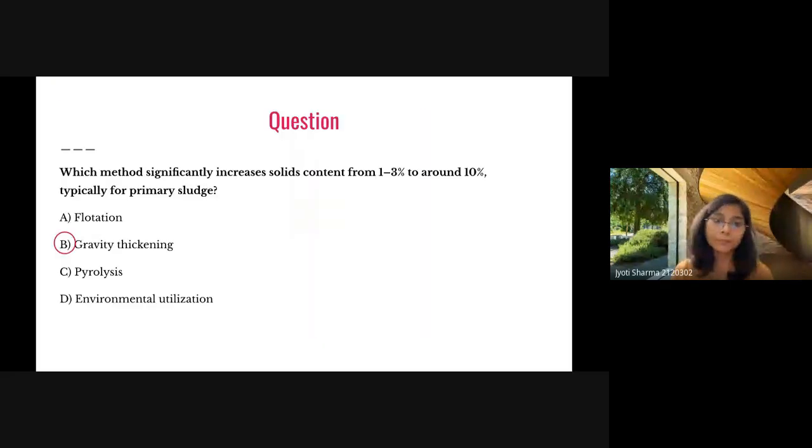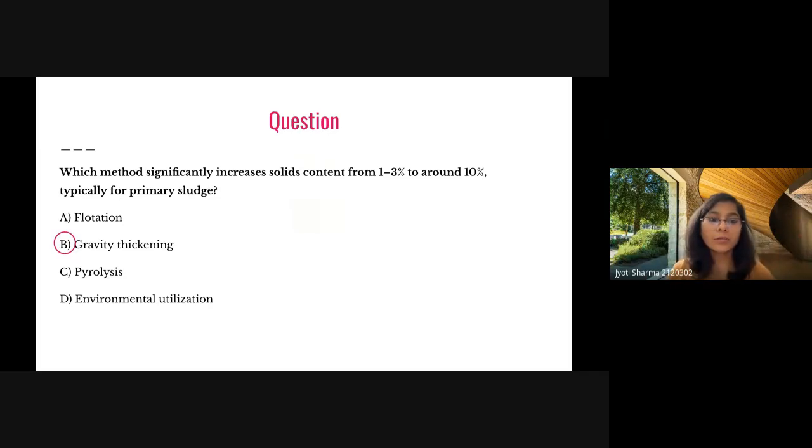So how can we significantly increase solids? We are concentrating it, right? But pyrolysis is not concentrating, it is reducing. But this method is accumulating all the solids together, right?